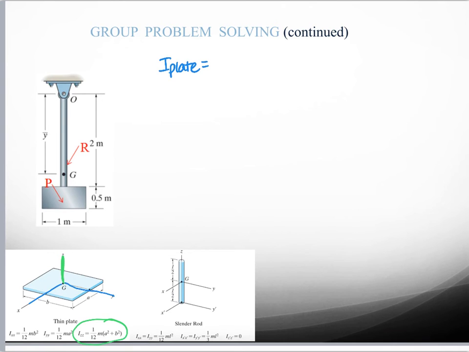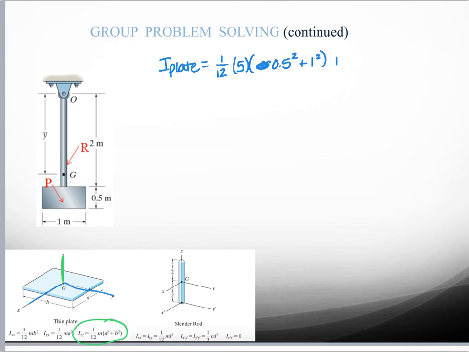So our expression for the moment of inertia of our plate is this one right here, when the axis goes through its center of mass. So I use 1/12 times the mass of the plate, which is 5, and then I use the dimensions, 0.5 squared plus 1 squared.